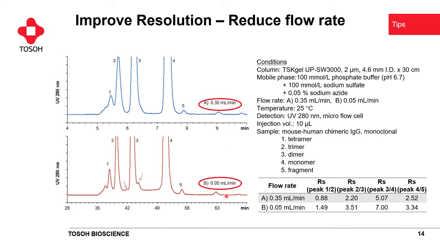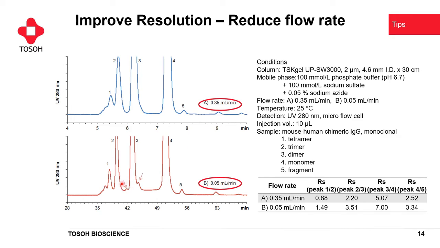And then we switched to 0.05 milliliters per minute. It's probably not something you would do in a routine application, as it definitely increases the time the analysis takes. But to show the importance of the flow rate, this is quite a nice example.